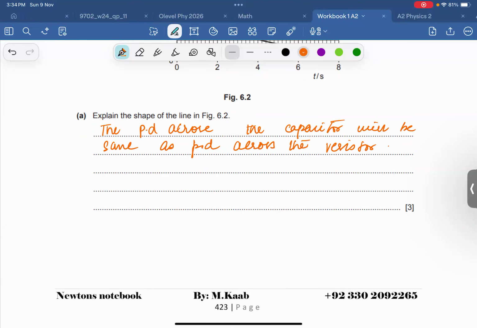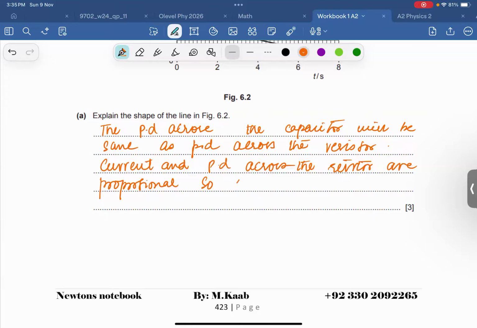We also know that the current and PD across the resistors are proportional, right?